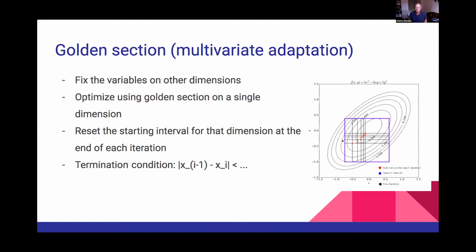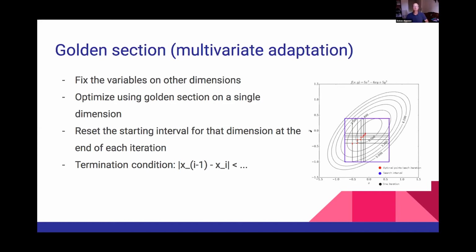We then switch to the next dimension, for which we find this point. Because we don't want to keep the same interval, since it would just get stuck here, we reset the two ends of the interval to find a new optimal point for that dimension. And then it ends up getting to the minimum point for the entire function.